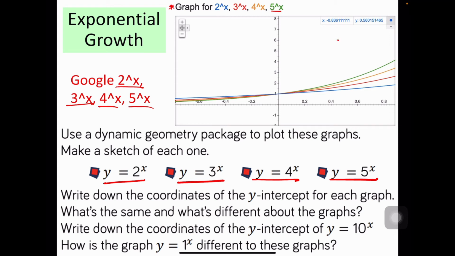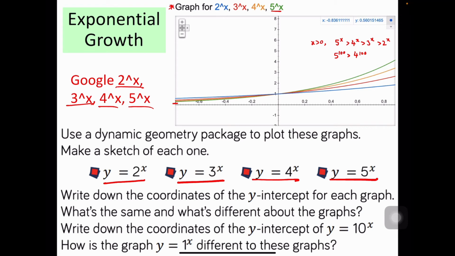So when x is greater than 0, 5 to the x is greater than 4 to the x, which is greater than 3 to the x, that's greater than 2 to the x. And that makes sense, right? Because think about it logically, 5 to the 100, for example, is larger than 4 to the 100. And 4 to the 100 is larger than 3 to the 100, and so on and so forth. But let's think about why.